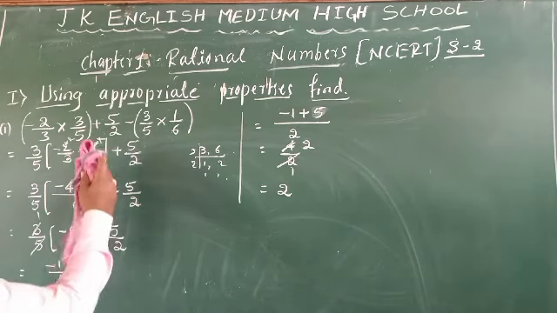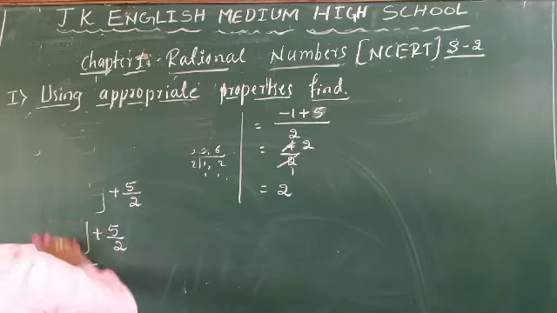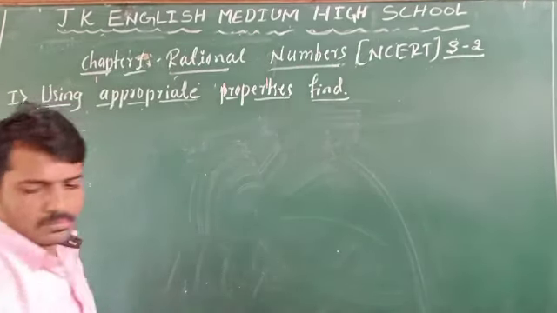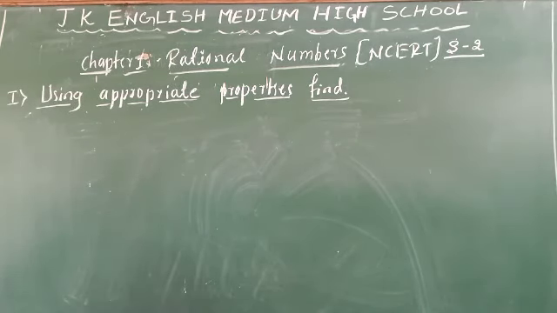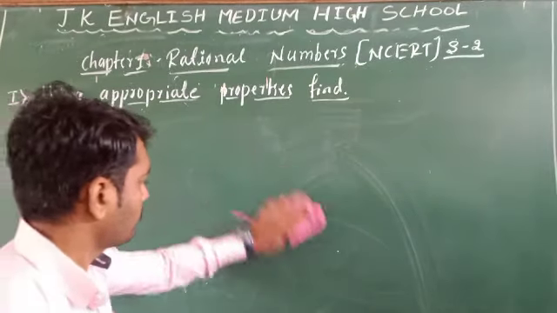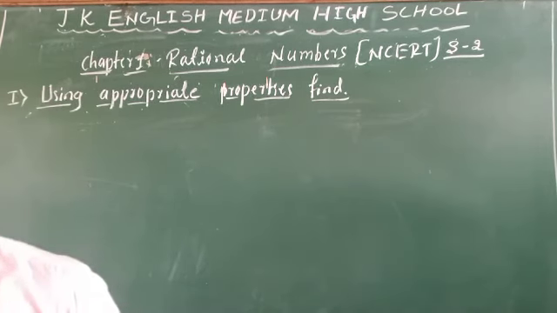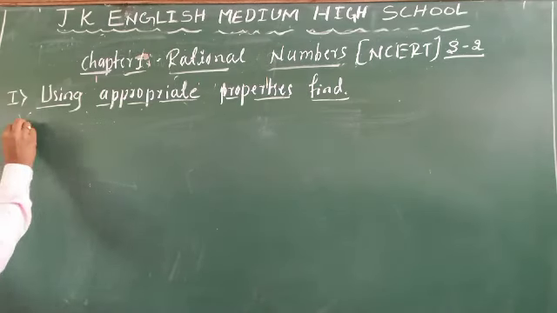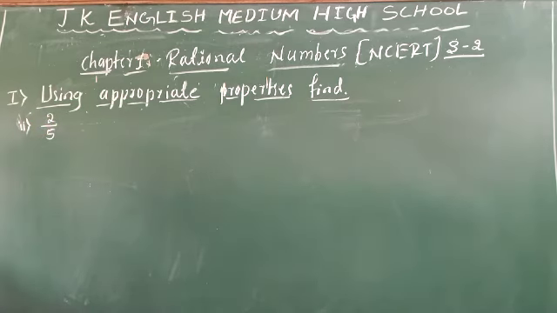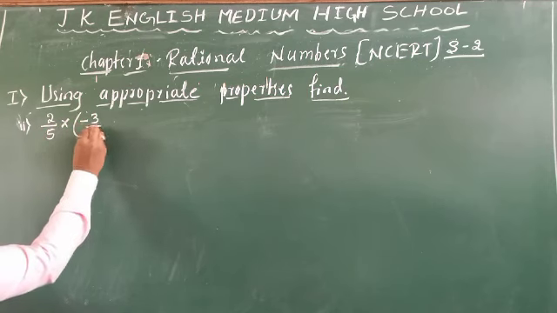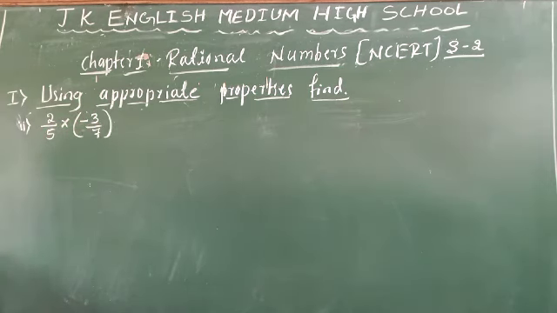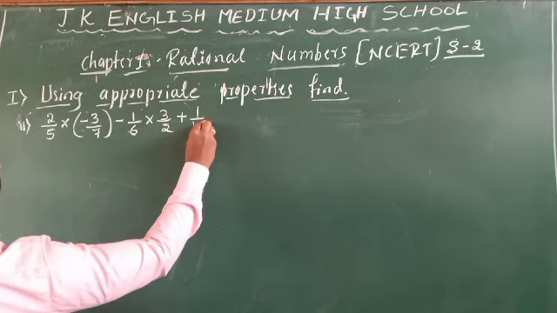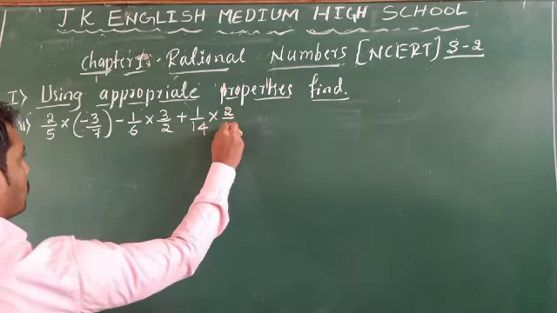Yes, question number 2 is 2 by 5 into minus 3 by 7 minus 1 upon 6 into 3 by 2 plus 1 by 14 into 2 by 5.